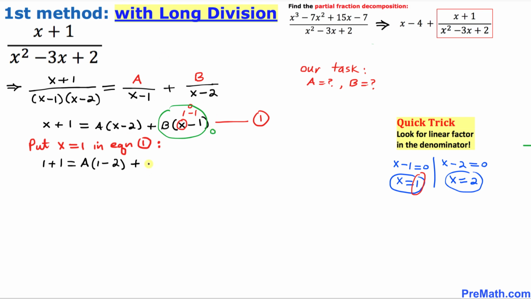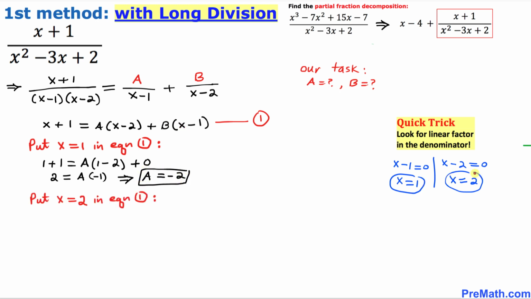So I'm going to put down 0 over here. Let's simplify. 2 equals a times negative 1. That gives us a equal to negative 2.